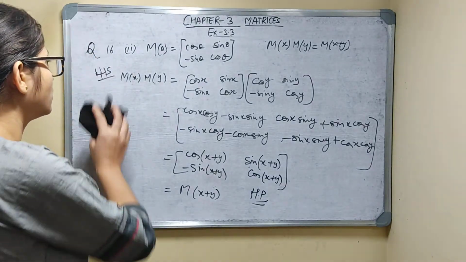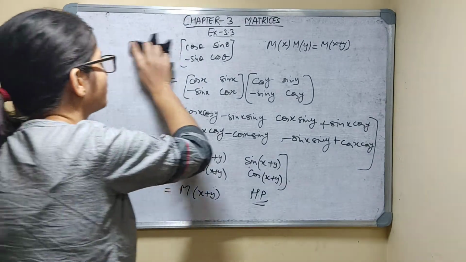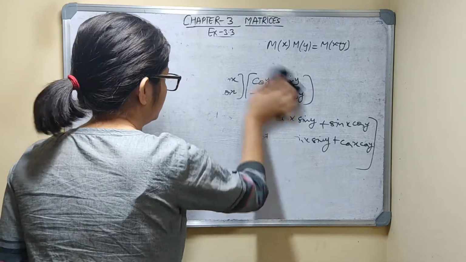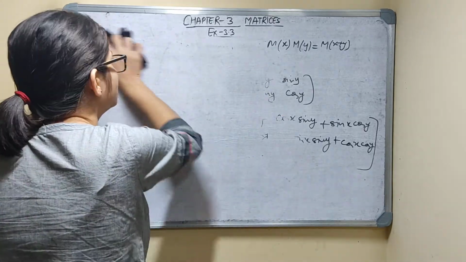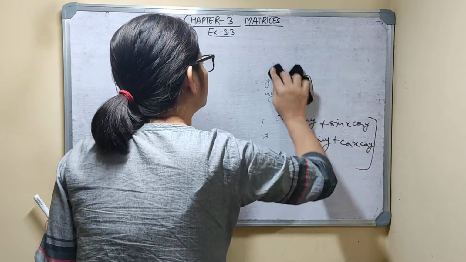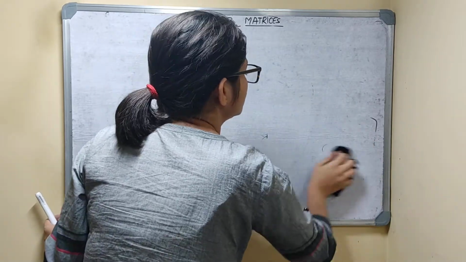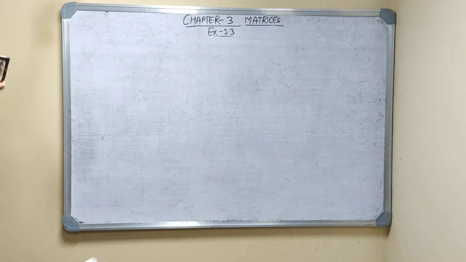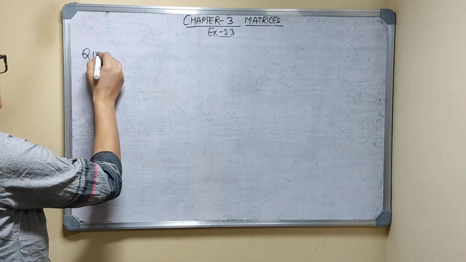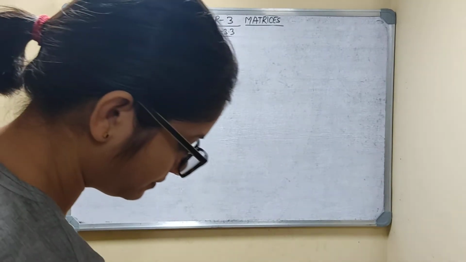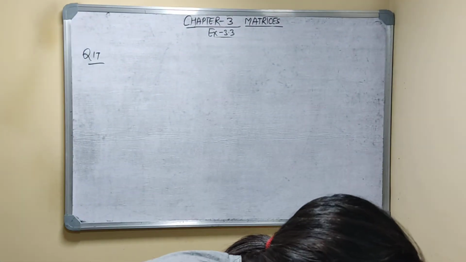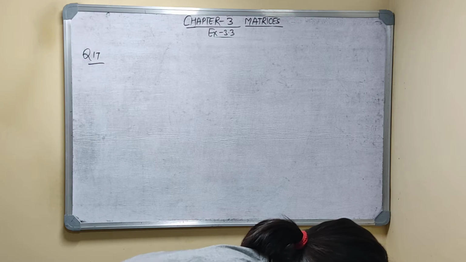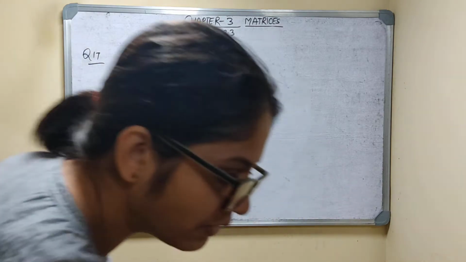Now 17th question you can see. Question number 17: A is given, show that A square is equal to A. You have to show that A square is equal to A. How will you do it?